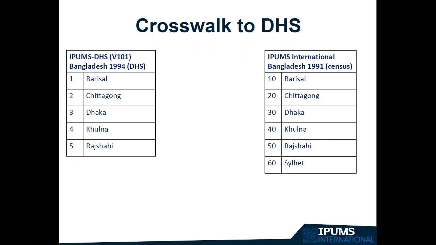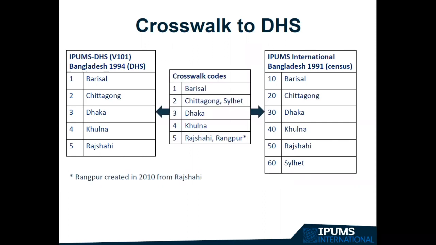The data are available from the DHS program website, and more recently, IPUMS has started harmonizing the data with a consistent coding scheme. IPUMS provides a crosswalk variable that takes the primary level of geography in both the demography and health survey data and the census data from IPUMS and creates a consistent geography variable that acts as a crosswalk between the two surveys.